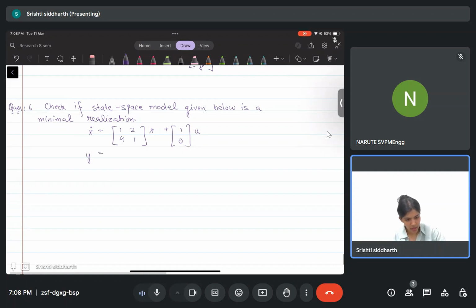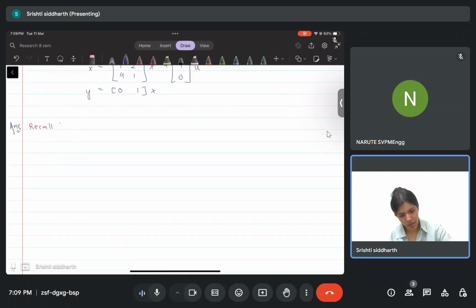The output is the second state. So when is the system represented in its minimal realization? The given realization is minimal if it is both controllable and observable.